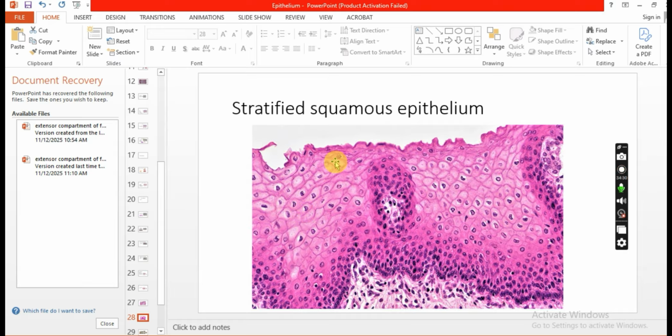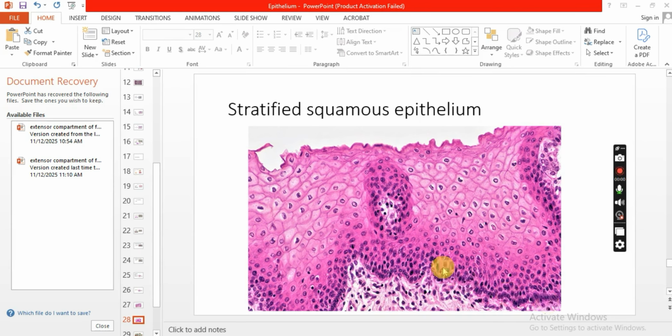But in the stratified squamous epithelium, the top cells are squamous, so they have thin flat nuclei. You are seeing the topmost cells showing the thin flat nuclei of the squamous cells.